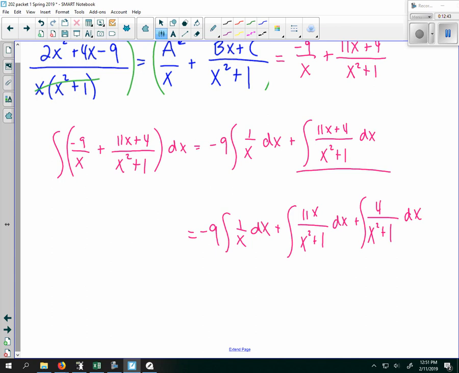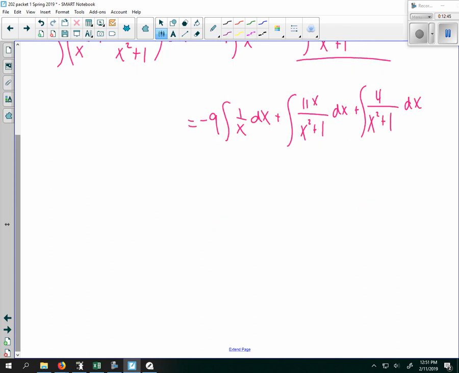All right, so this first one is just ln x. So this becomes -9 ln x plus. This one I'm going to evaluate with a u sub, right? Because I see x squared in the denominator with an x in the numerator. And then this last one is just 4 times arctan.